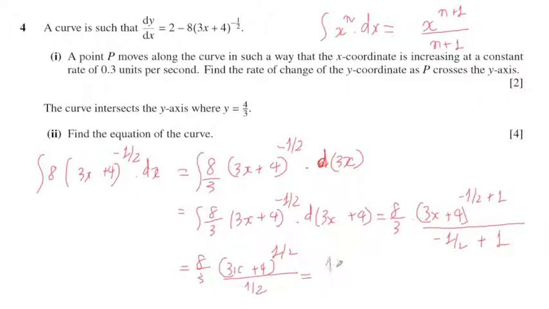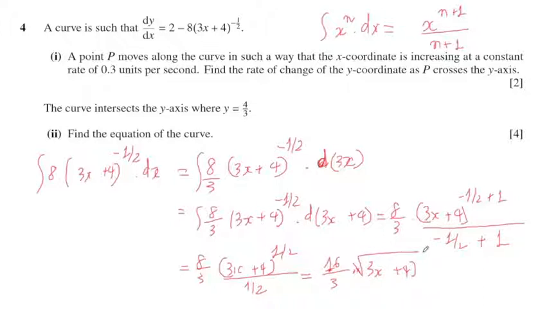I will get 16 divided by 3, because dividing by half means double, with 3x plus 4 and take the square root. So here is the result for the second term of the integration.